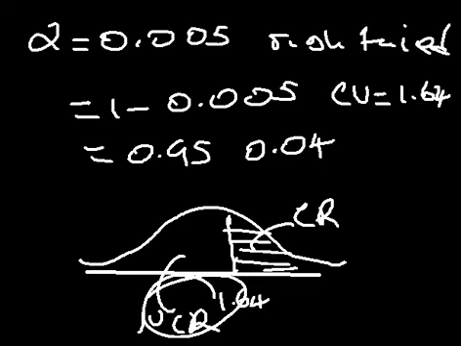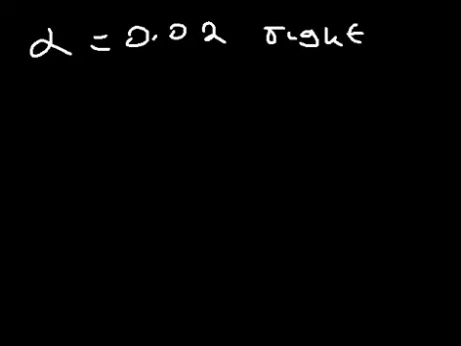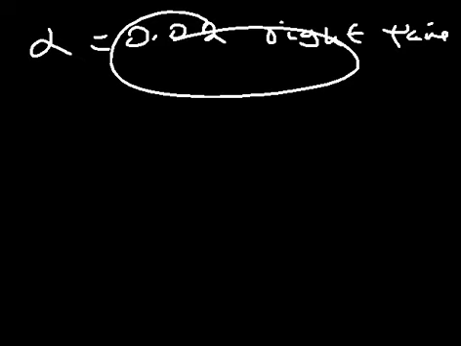And how about if we have this case now? Let's say alpha is given as 0.02, and also on the same note, given as right-tailed. So how should we be able to get the critical value if that's the case?